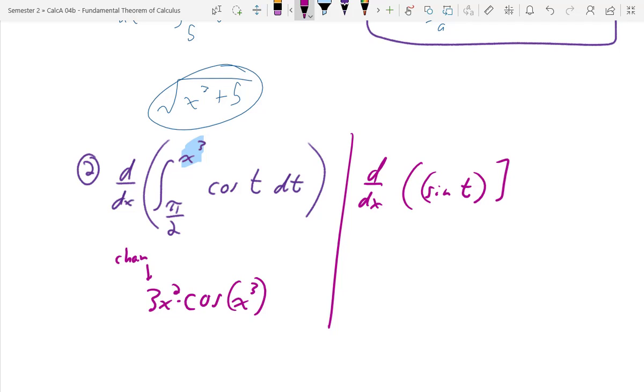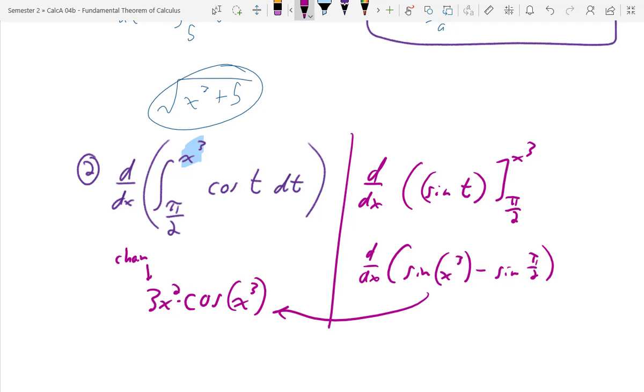I'm going to evaluate sine of t from pi over 2 to x cubed, which means I get sine of x cubed minus sine of pi over 2, and now you're going to take a derivative again. What do you get? 3x squared times cosine. Yep. Do you see it now? Do you see why the lower limit doesn't matter? Do you see where the chain rule comes into play?